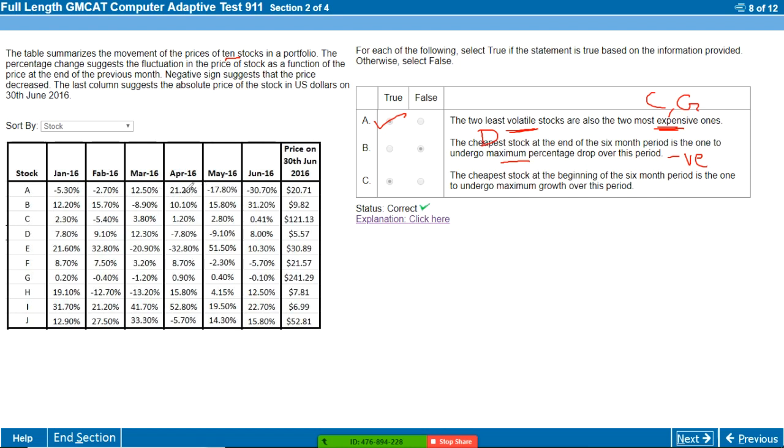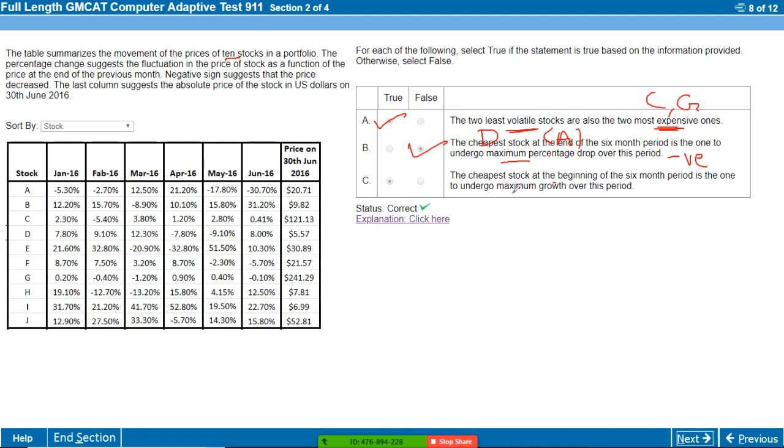In fact, four of these values are negative. So clearly stock A is the one which will have a very high percentage drop as compared to D. Clearly D is not having the maximum percentage drop. So this is a false statement, because A is actually the one which is going to have a very high negative drop.